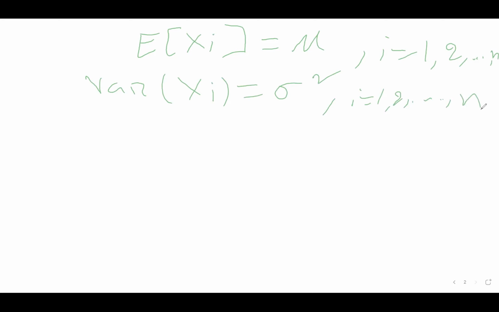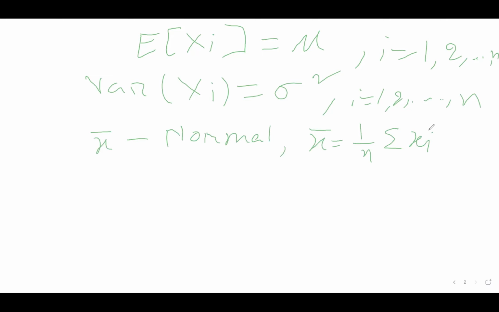So now we know that x bar follows a normal distribution for large n, but we do not know the mean and the variance for that distribution. What we know is that x bar is normal and x bar is equal to 1 over n summation of xi.